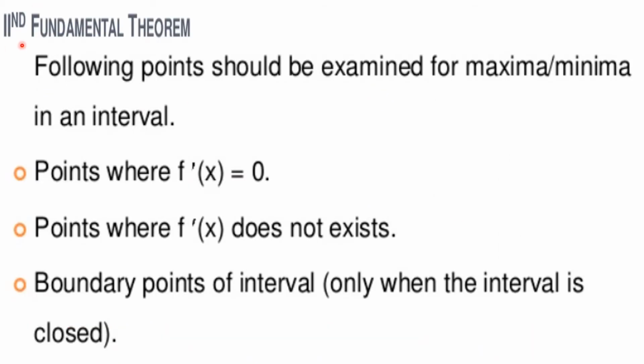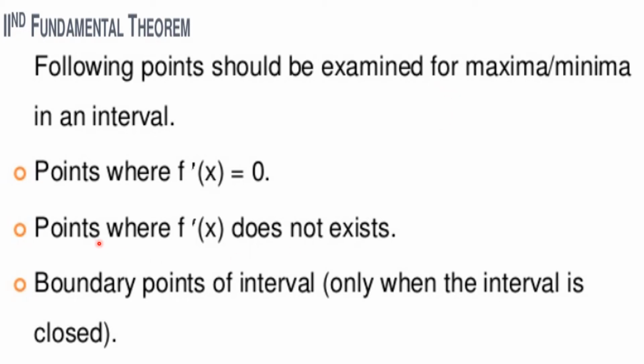Right. Now come to the second fundamental theorem. Let us see what the second fundamental theorem says. The following points should be examined for maximum or minimum in an interval. Points where f dash of x is equal to 0, that means we have to find critical points or stationary points or turning points. In this case, we have to examine maximum or minimum.